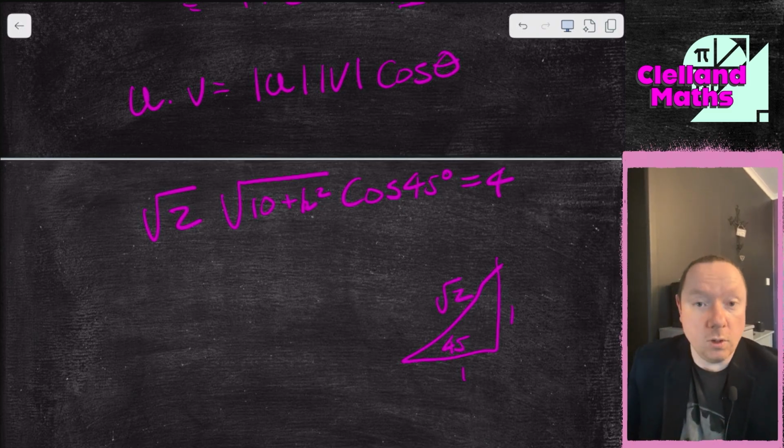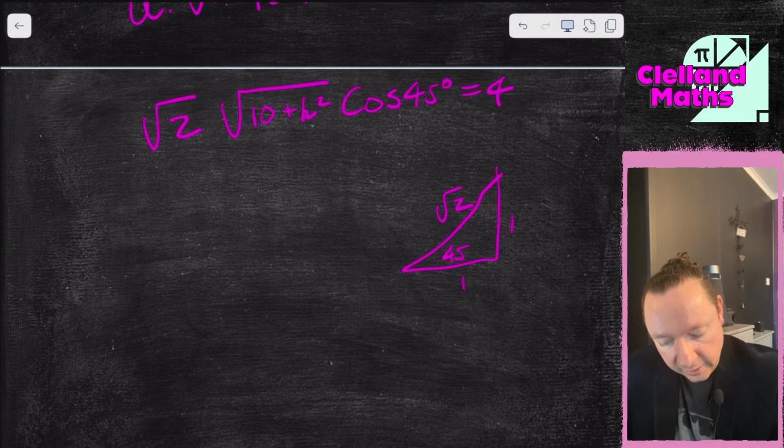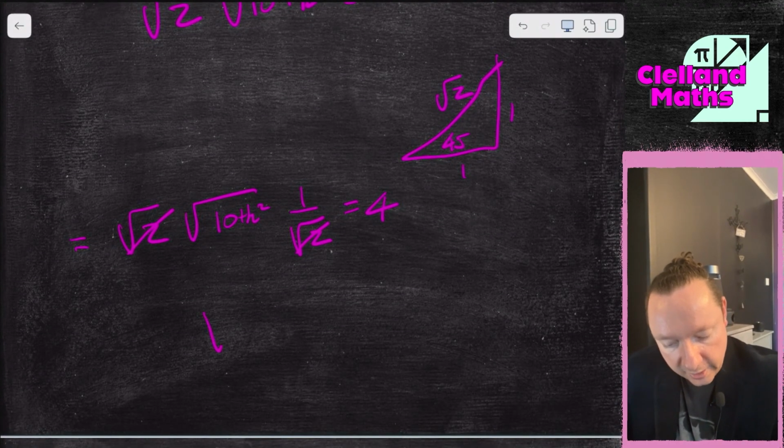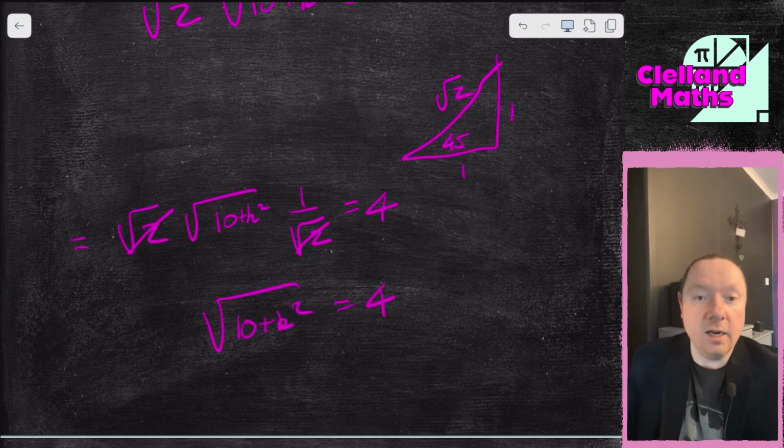Cos of 45 is 1 over root 2. So that gives us root 2, root 10 plus k squared, 1 over root 2 equals 4. So the root 2's just cancel. So straight away I get root 10 plus k squared equals 4. Well, to get rid of a root, you can do the opposite, which is squaring.